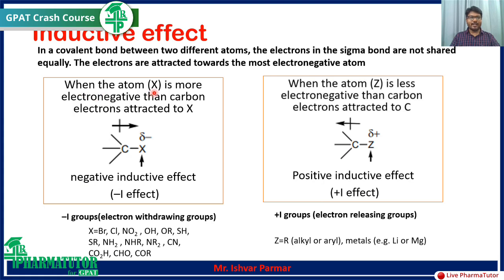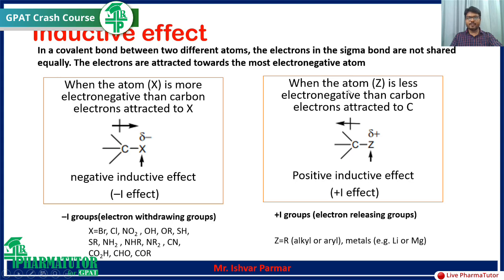When the atom X is more electronegative than the carbon attached to it, it is called the negative inductive effect. This X is more electronegative than this carbon, so it pulls the electrons towards it and forms a delta negative charge.